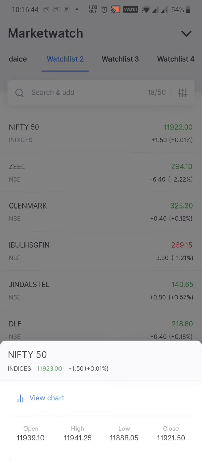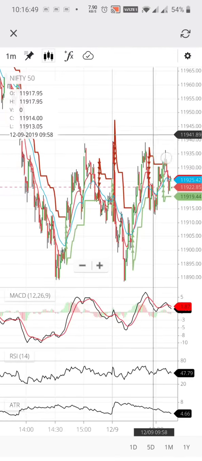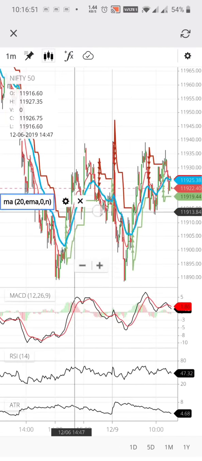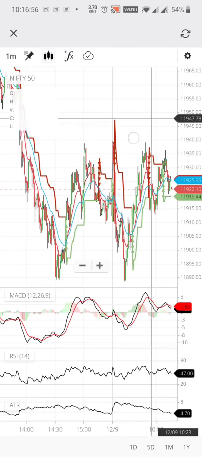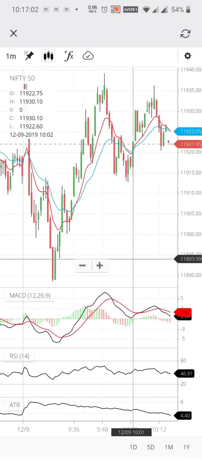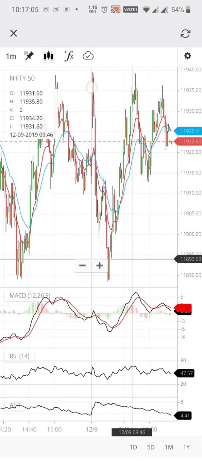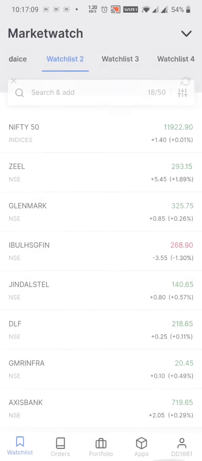If you look at the market, it is in the same range, up and down, up and down, and it is only 0.01%.